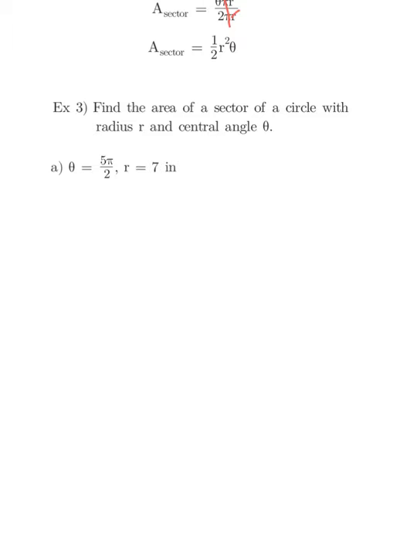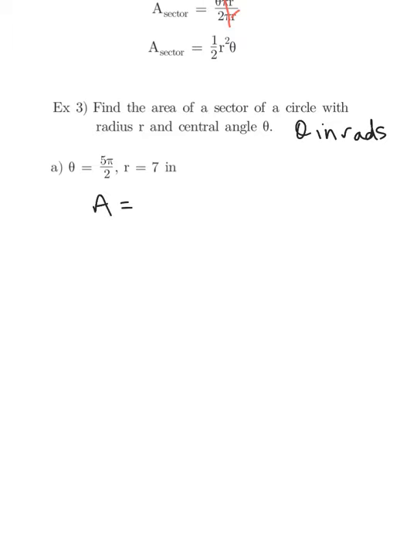Our example 3 says find the area of a sector with the given radius r and central angle of theta. Remember, theta is in radians on these. When we look at A, theta is already in radians. It's 5 pi over 2, and our radius is 7 inches. So we are just going to put the area formula into practice.